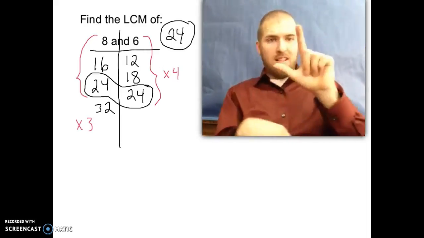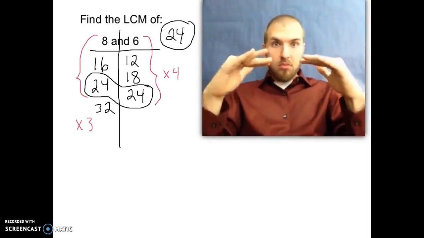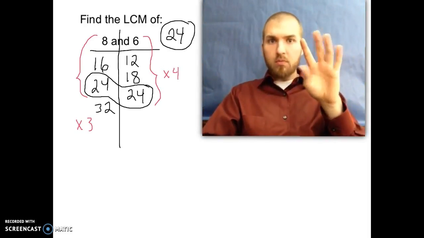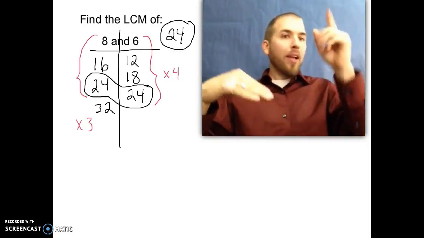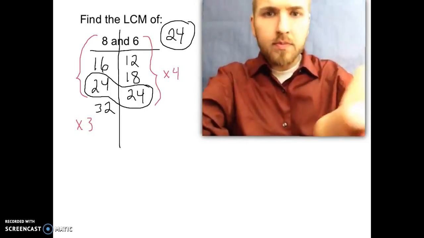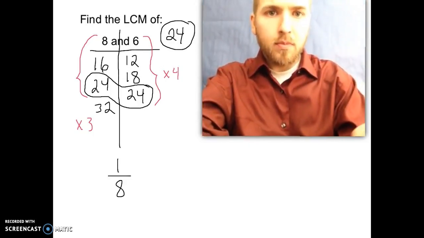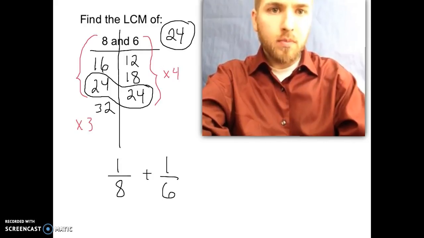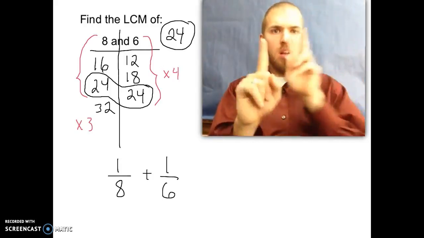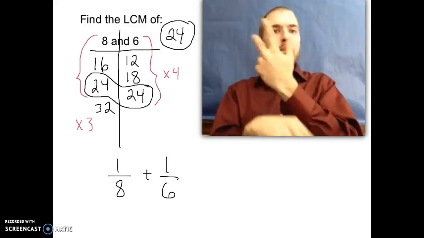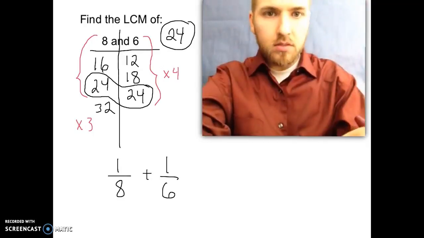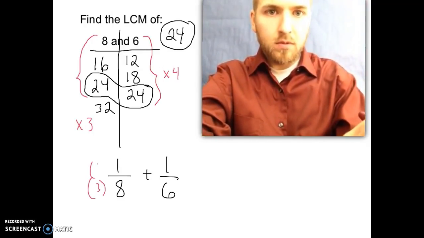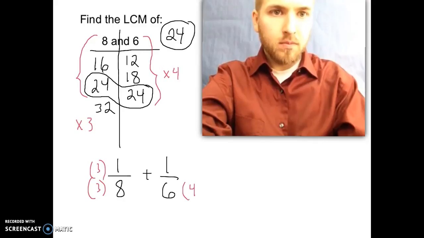So you'll have to multiply the fractions by two different numbers in order to have them have the same denominator of 24. Let's say that the fraction is 1/8. Oh wait, hold on. Let me write this down. So 1/8 plus 1/6. Now I'm going to apply this example of multiplying 8 by 3 and 6 by 4. You'll have to multiply both the numerator and the denominator.